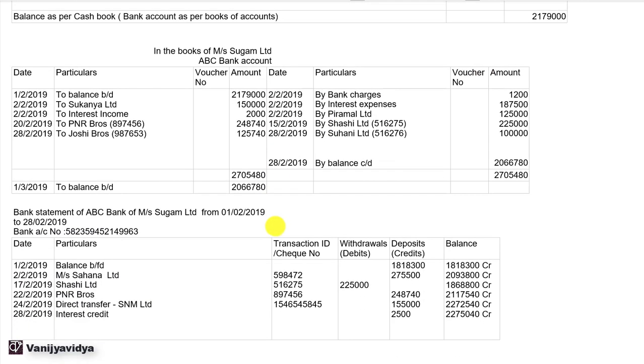Then we have bank statement of ABC Bank of Messrs. Sugam from 1st Feb 2019 to 20th Feb 2019. And we have date, particulars, transaction ID, check number, withdrawals, deposit and balance. Now let's begin and understand how to solve this example.